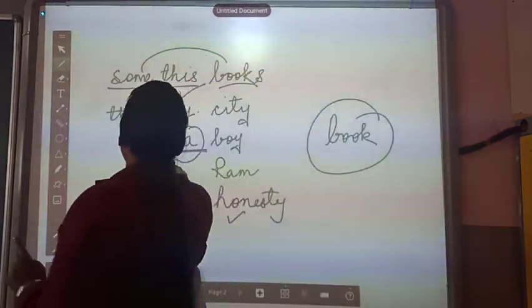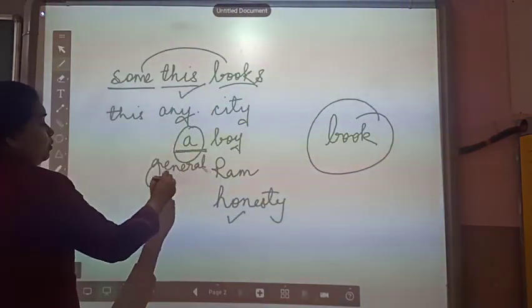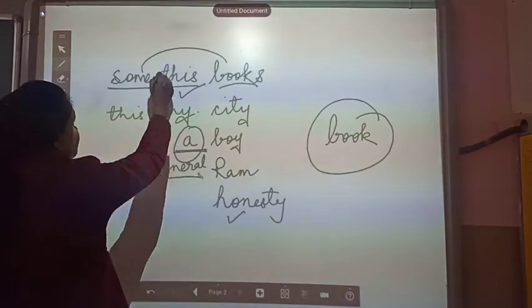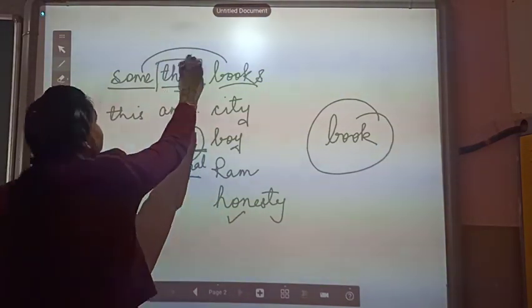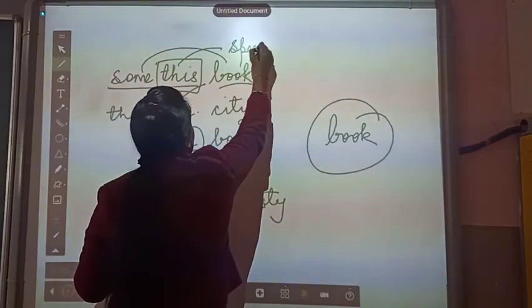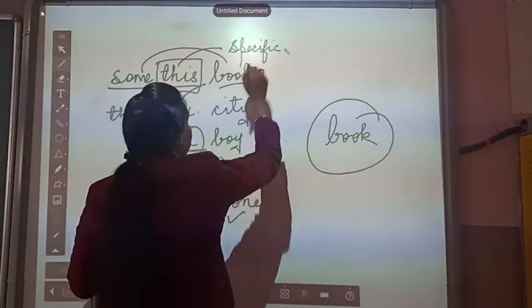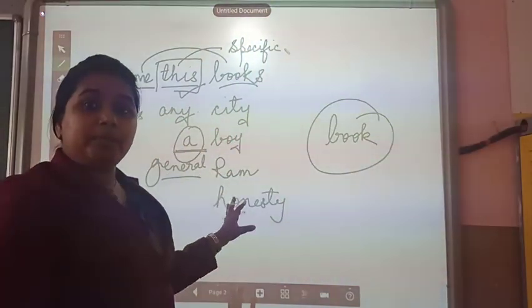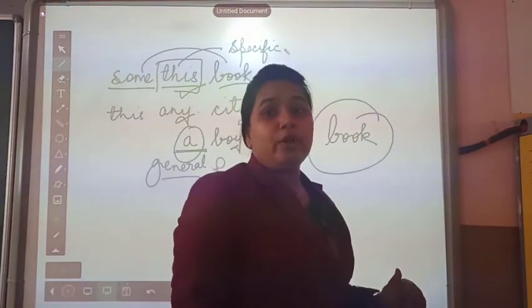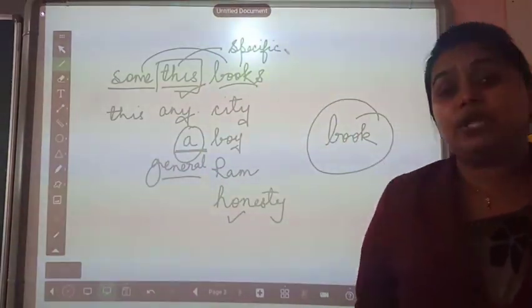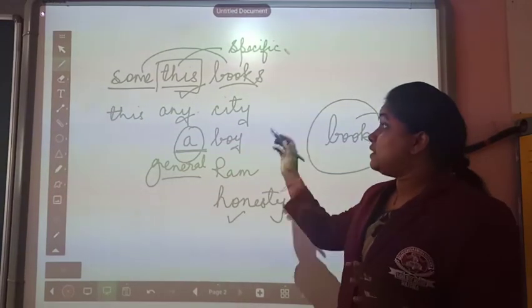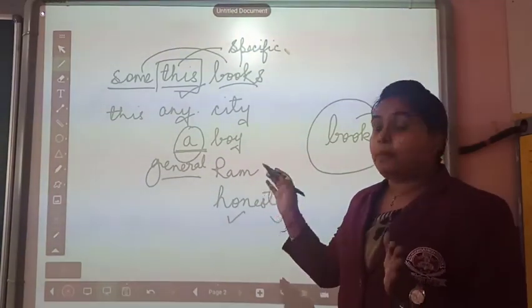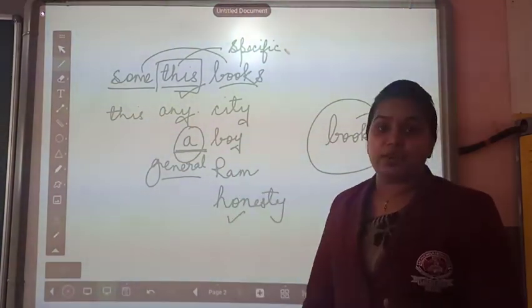When I say a book, this is pointing out at the noun in general, and when I say this book, this is in specification, specifically pointing out the particular noun. So what do we observe here? That determiners are not only used for pointing out specific nouns but also in general.